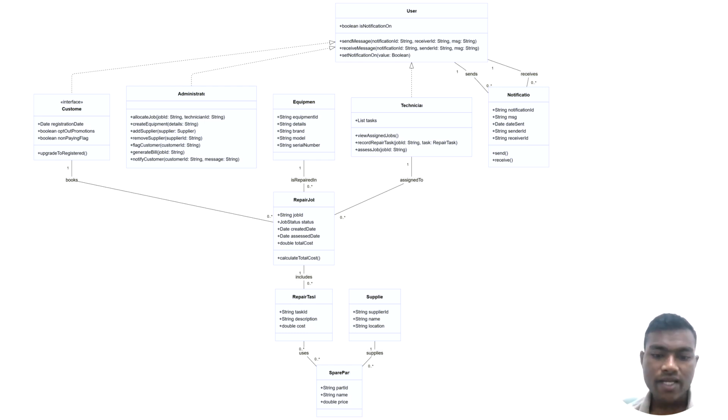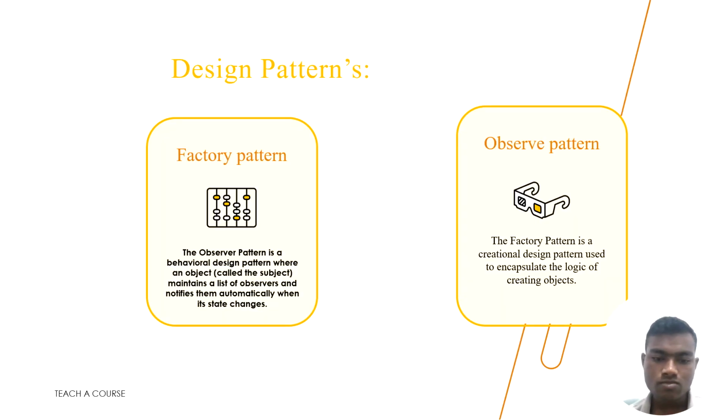I have also created the Supplier class to maintain the supply parts. Finally, the Notification class, where we keep the notification ID, date, and string, and we also have two methods, send and receive.